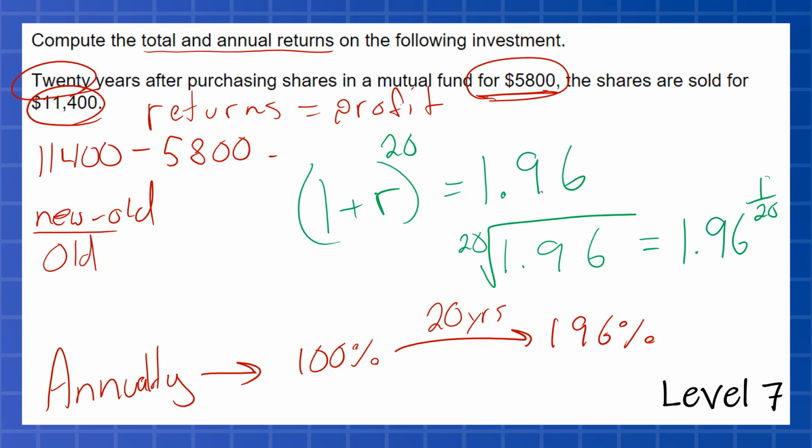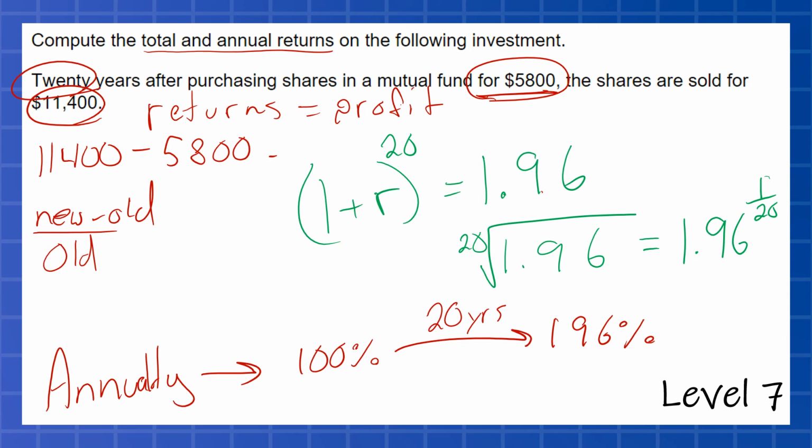So I've got my phone calculator here. 1.96. And then I have to turn my phone sideways to get the more advanced calculations. And then I'm not just going to press the square root button. I'm going to raise it to the 1/20th power.